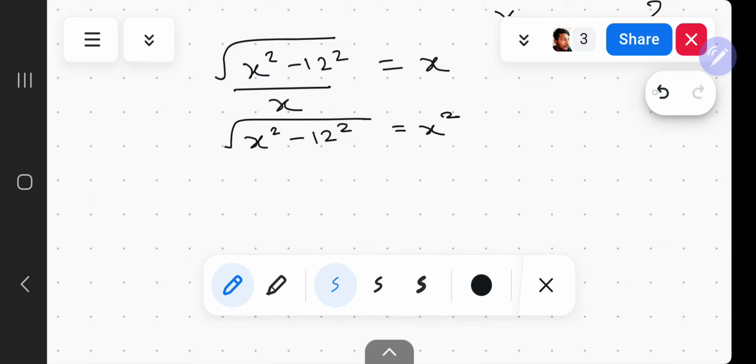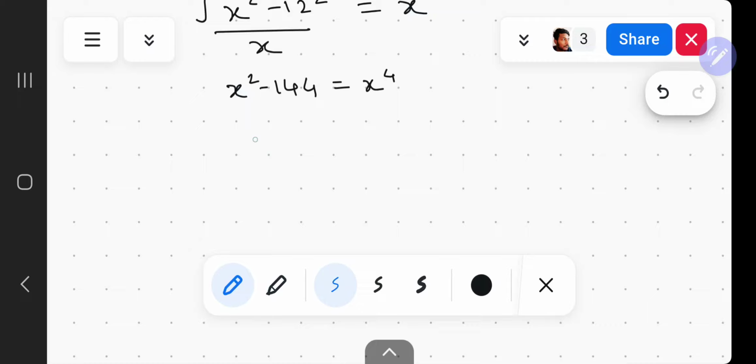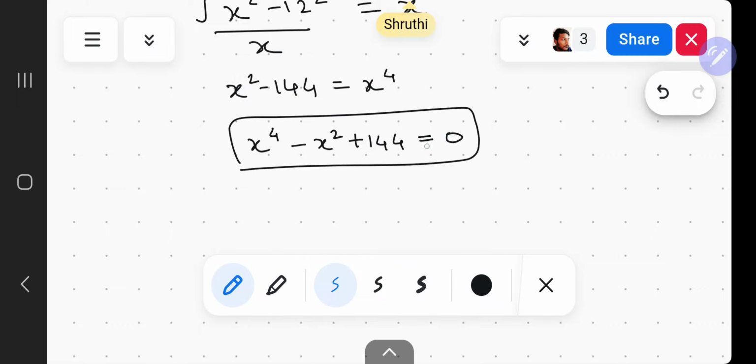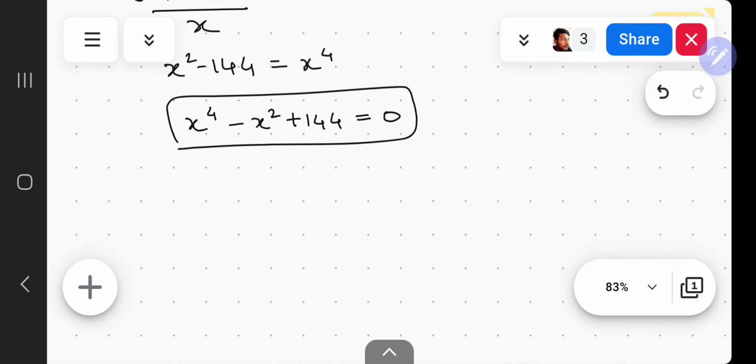So x square minus 144 will be equal to x to the power 4. Now x to the power 4 minus x square plus 144 will be equal to 0. Now we can find the solution of this equation using a calculator.